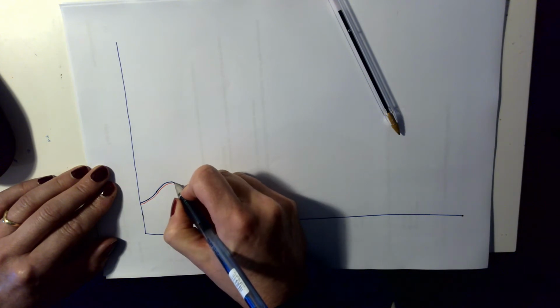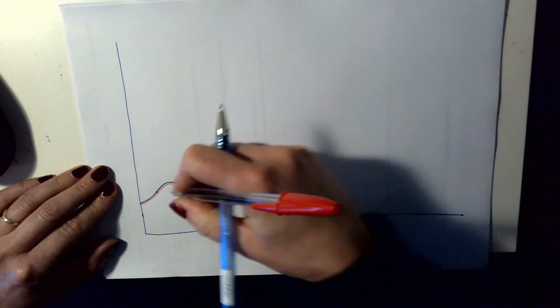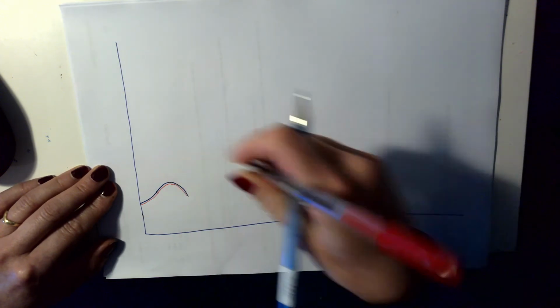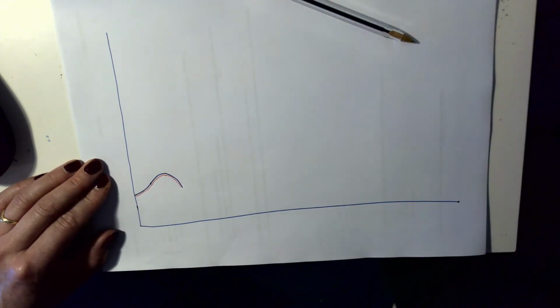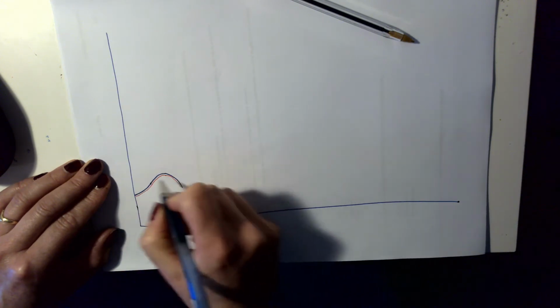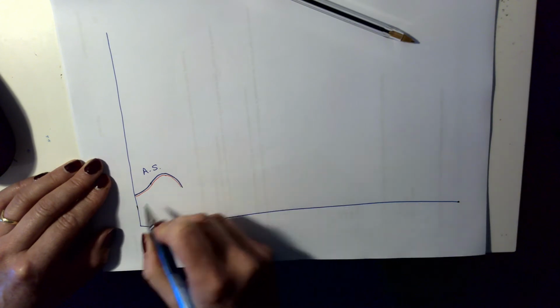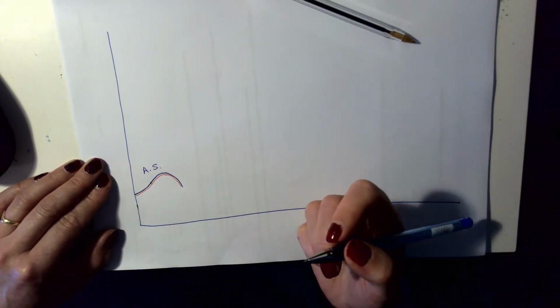Then the atrial walls relax, and as that occurs you can see that dip down in the pressure in the atrium. So I can put on here that atrial systole has occurred in this region, and then we're going to go into ventricular systole.